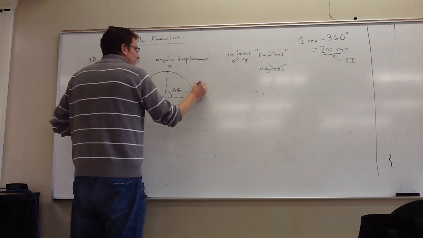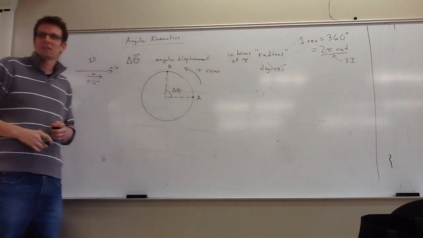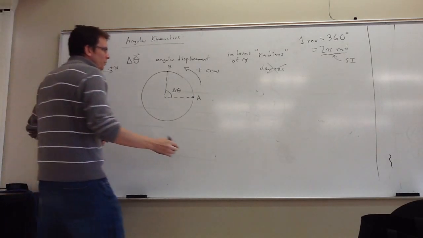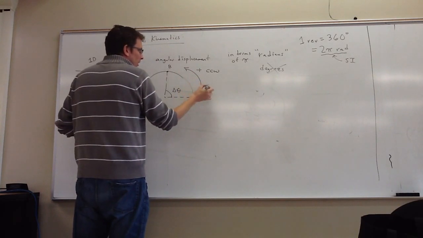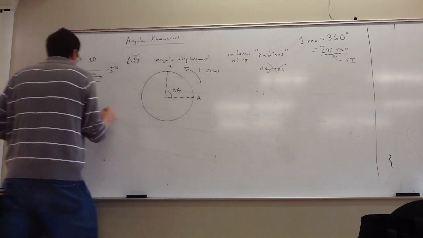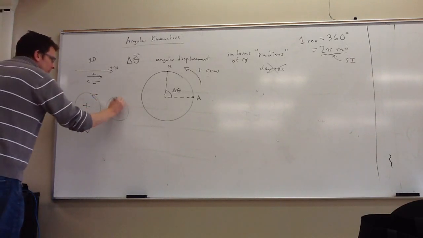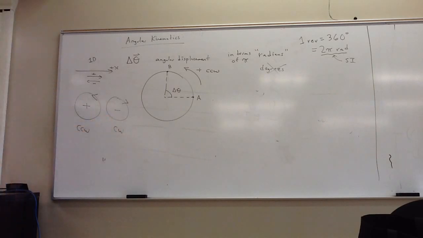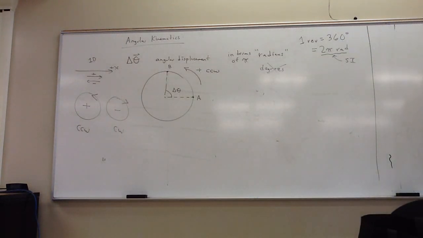So we'll say that if you're moving in the counterclockwise fashion, that's plus. And if you're moving in the other way, let me just put it on the side. So counterclockwise is going to be our plus, clockwise is going to be our minus. Now you might question why we would do that, because don't we watch clocks all day, right? Isn't that the forward progress of time?